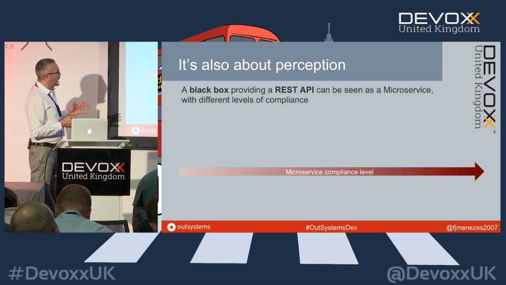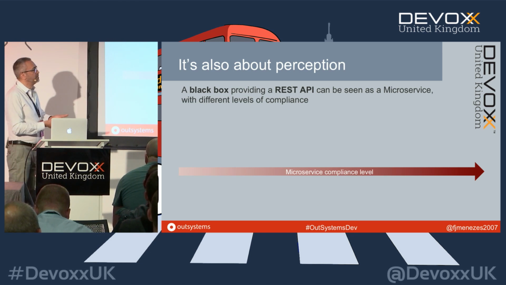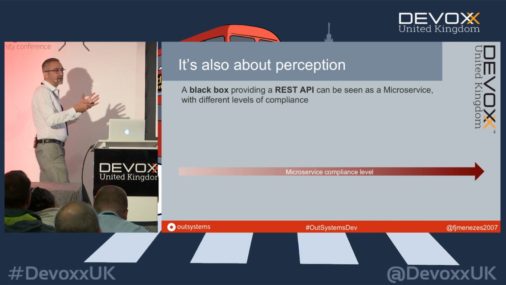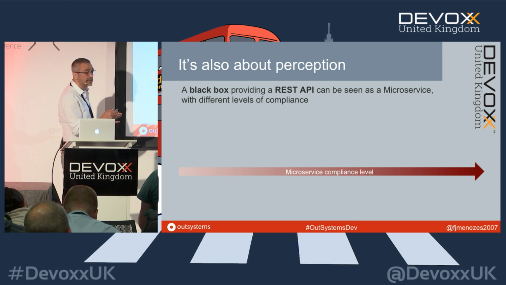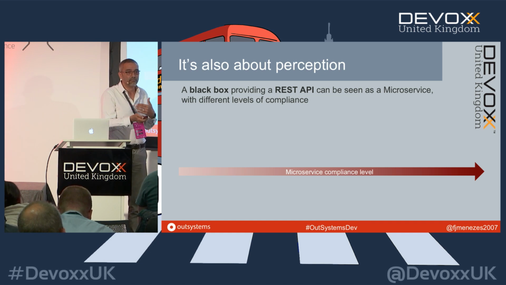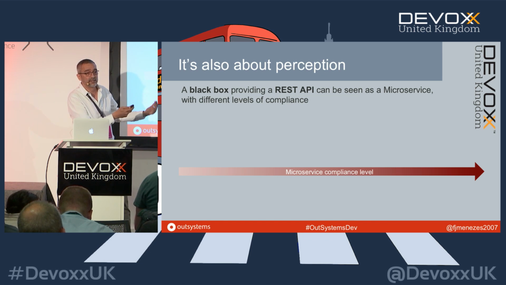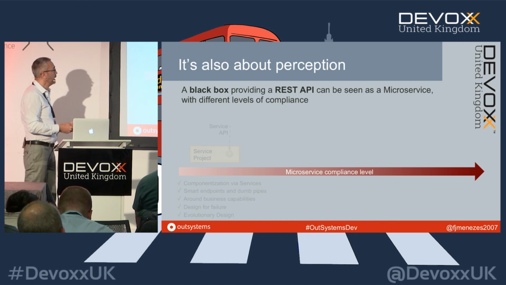So the way people typically perceive microservices is any black box giving me a service through a REST API is a microservice, right? They might be compliant with all those principles or not, but that's how I see it, because they are providing me a REST API.